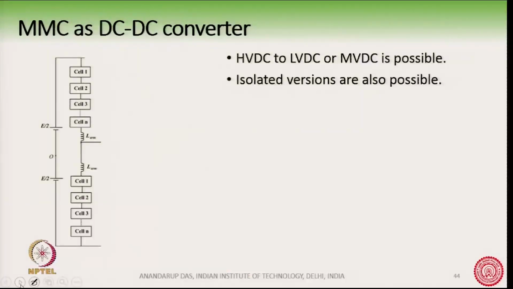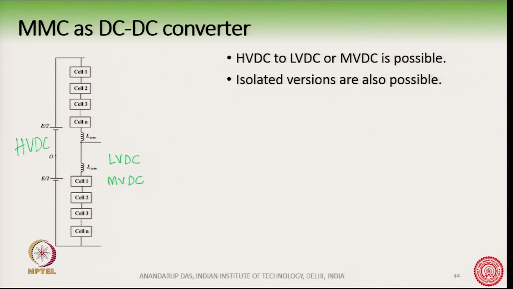So then we will need a DC to DC converter, where this side becomes an HVDC and this is an LVDC or MVDC, medium voltage or low voltage DC. It is possible.